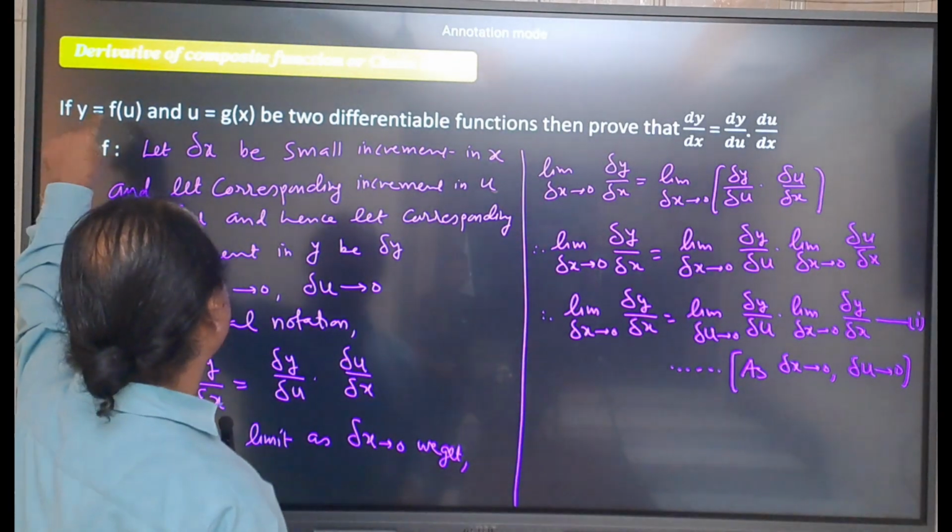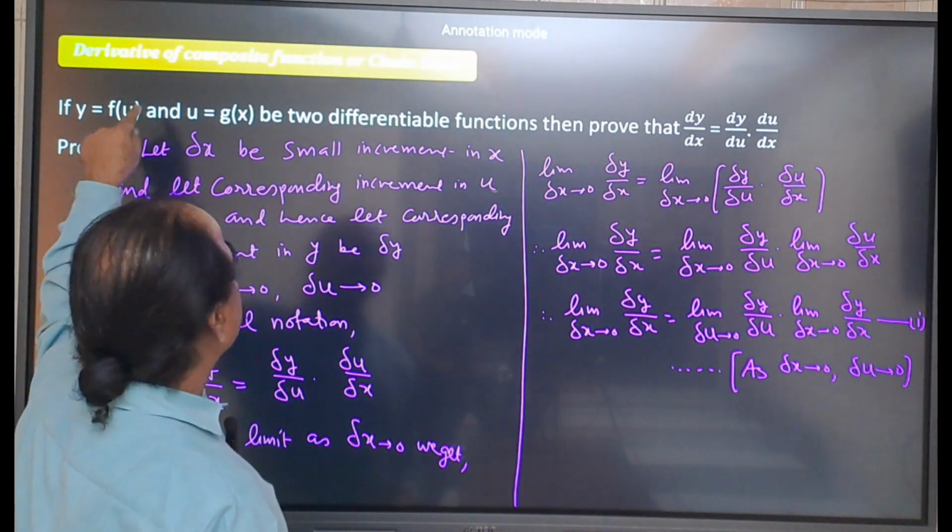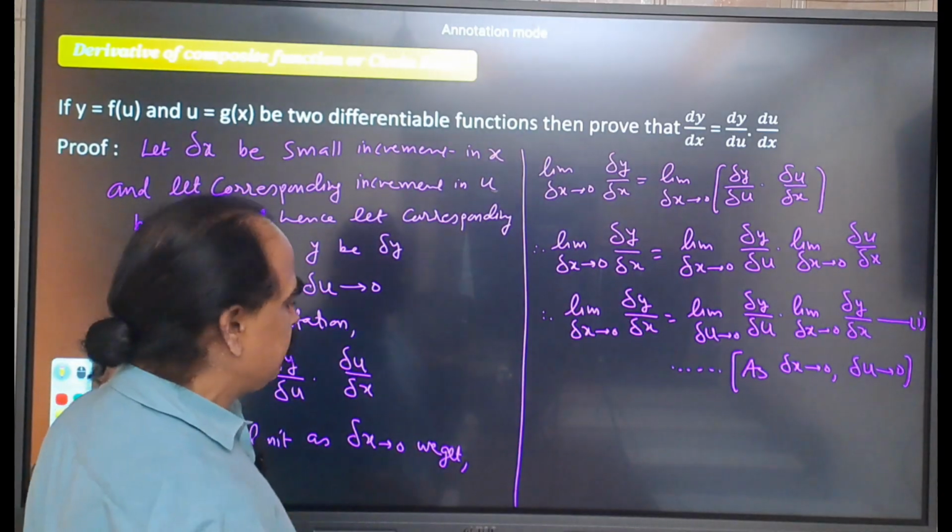Now it is given y is a differentiable function of u and u is differentiable function of x.